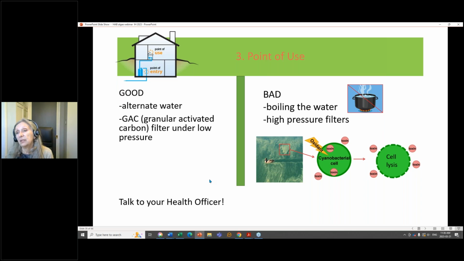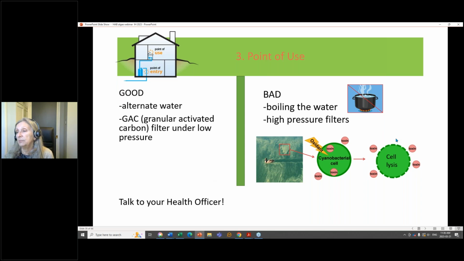Again, granular activated carbon is very beneficial under low pressure only. It may actually protect against the cyanotoxicity, but also best to talk to your health officer and get some guidance there. What's definitely not a good idea, and this is counterintuitive, is boiling the water.